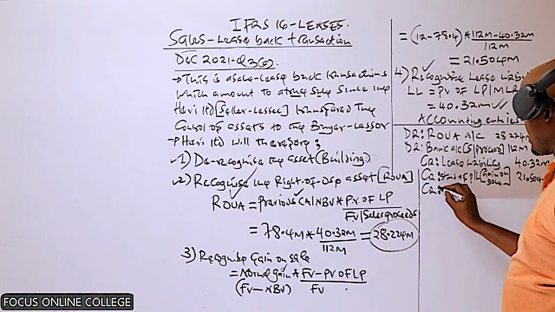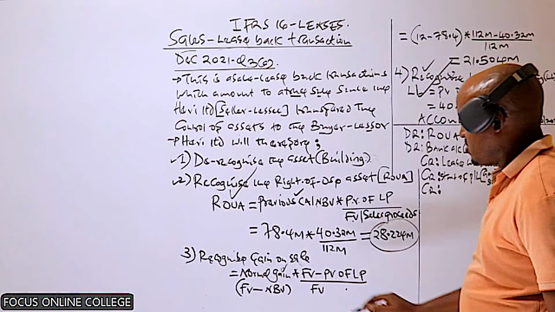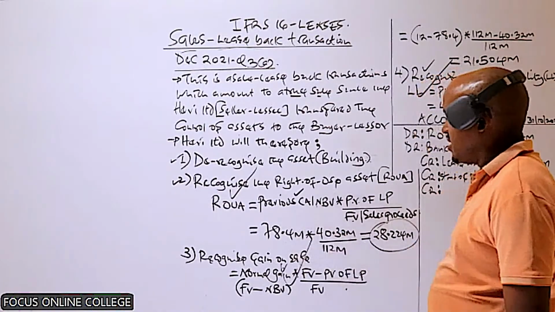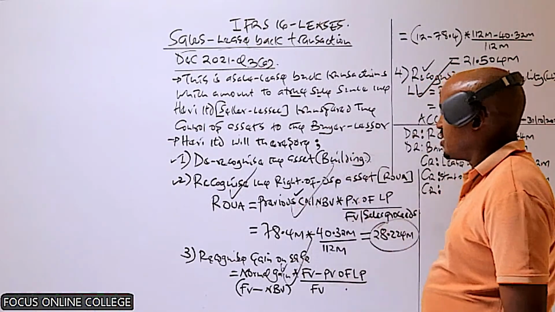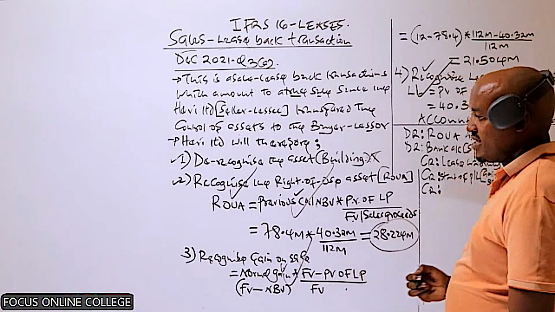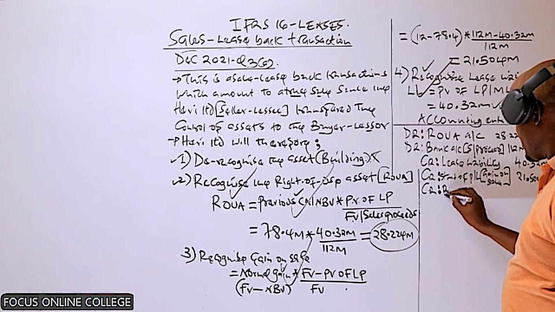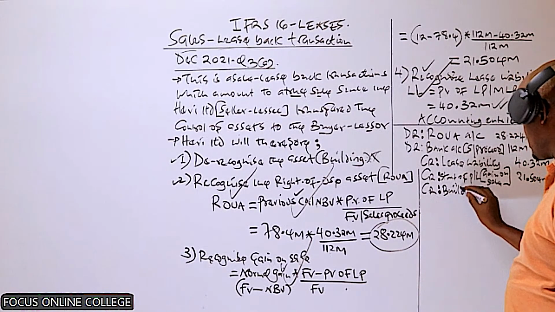There is still another account to be credited, because we have accounted for the gain and for this one, but not yet for this. Once the company sells an asset, it will credit the buildings account.